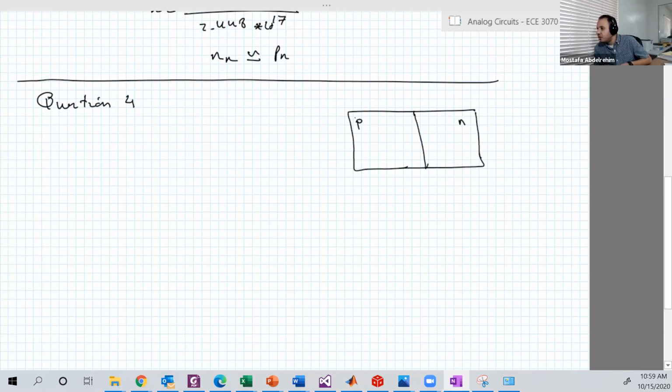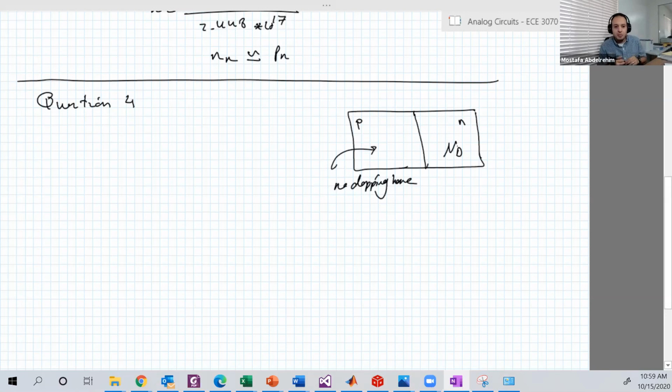It says that due to some manufacturing error, the p side of the p-n junction hasn't been doped. So no doping here in the p side. But still here, on the inside, we have ND.